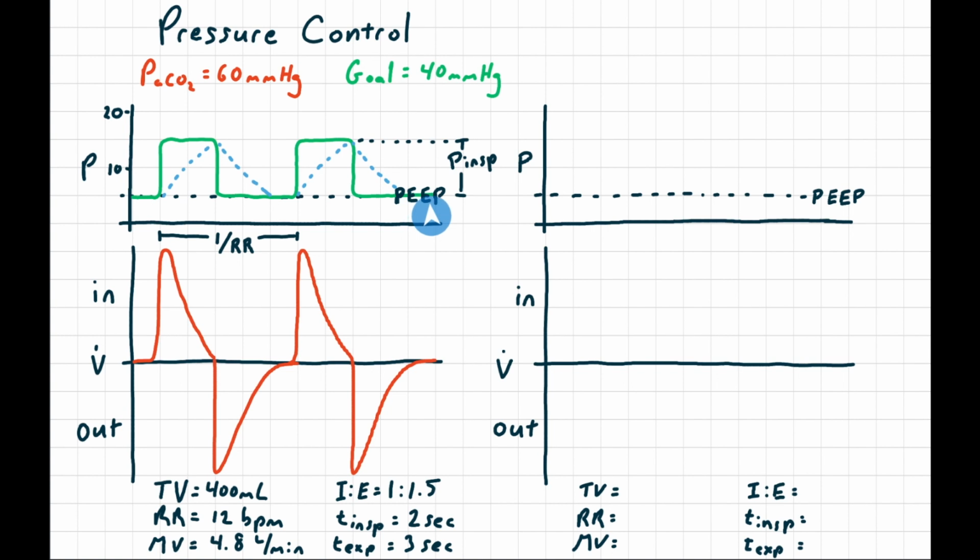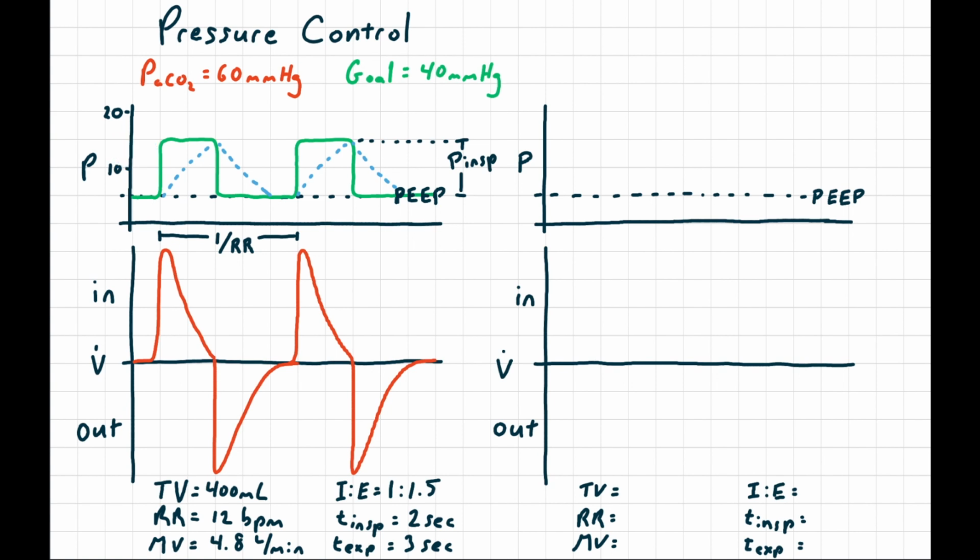The PEEP is 5 millimeters of mercury, and, by convention, when we set a ventilator in pressure control mode, the inspiratory pressure we set is what is added to the PEEP during inspiration. So here, our PEEP is 5 centimeters of water, the inspiratory pressure is set at 10 centimeters of water, which means that our peak pressure will be 15 centimeters of water.